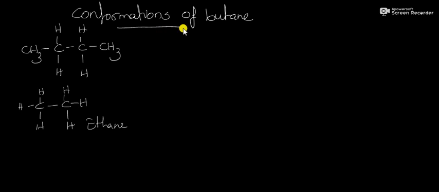Next is conformations of butane. This is the skeleton structure of butane and this is the structure of ethane. What is the difference? In ethane we consider the free rotation about the carbon to carbon bond, resulting in an infinite number of conformations.